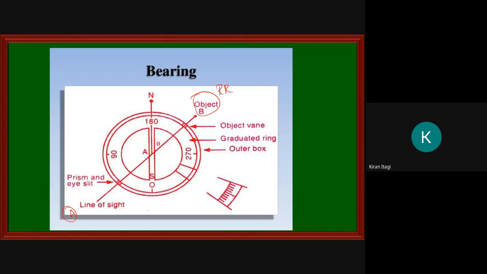From here I am seeing the reading. I am seeing the object at B. You should see the object after bisecting, then you should take the reading. So this theta is taken. This is how we will measure the angle or bearing.